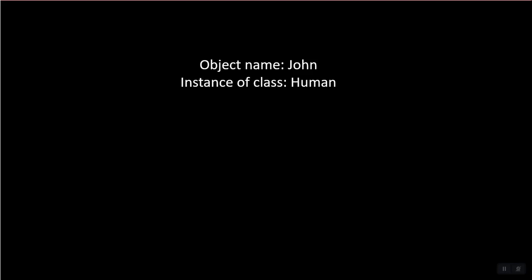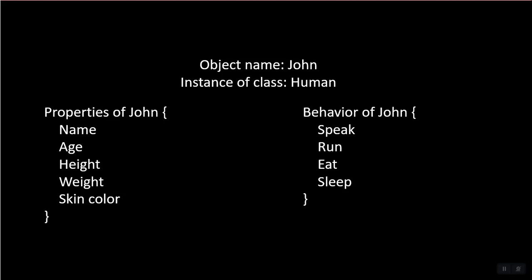Let's say we have an object named John, and it belongs to the instance of a class human. So therefore, John also has the same properties and behavior as the human class. It has name, age, height, weight, and skin color. And as for the behavior, it has speak, run, eat, and sleep.